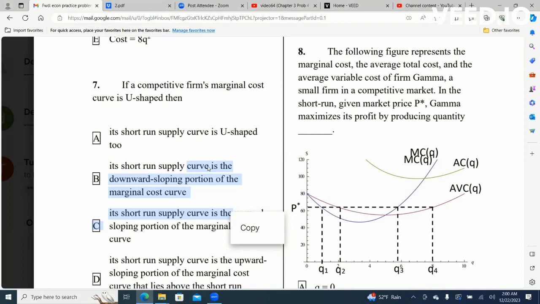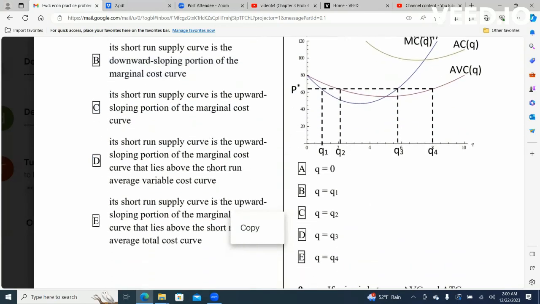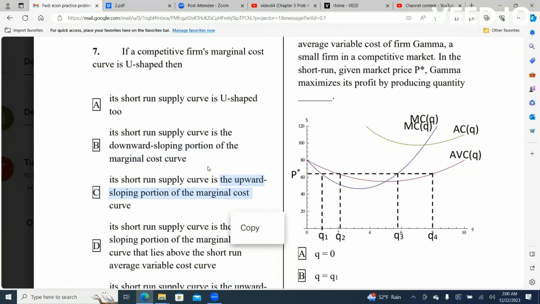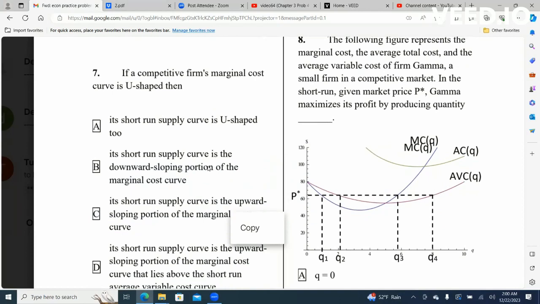In the short run, given market price P, gamma maximizes its profit by producing quantity what? So the answer is Q3.